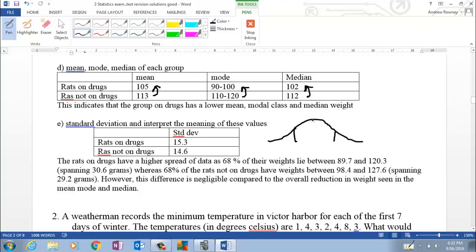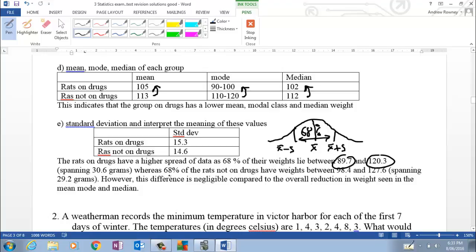If you have your mean here in the middle and you add on 1 standard deviation and you take off 1 standard deviation, then 68% of your data lies in that region. Now if you take off 15 and you add on 15 to the mean, which is 105, you'll get these two values here. So 68% lie between those two regions.